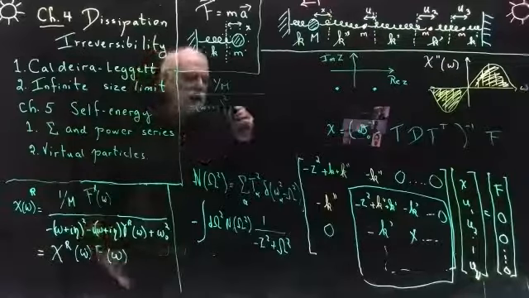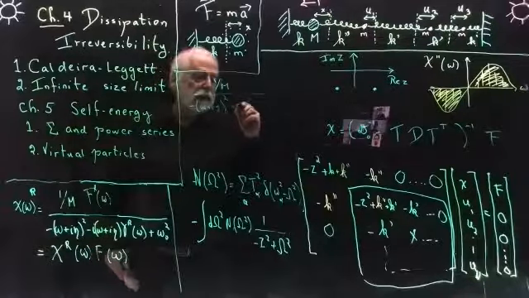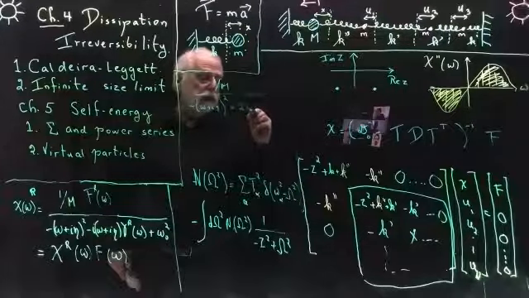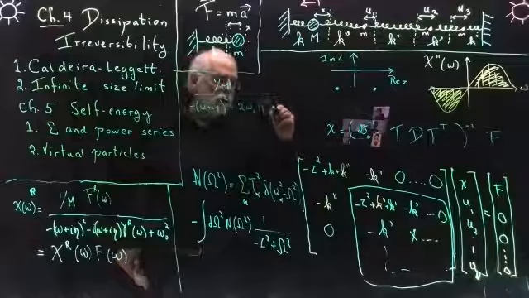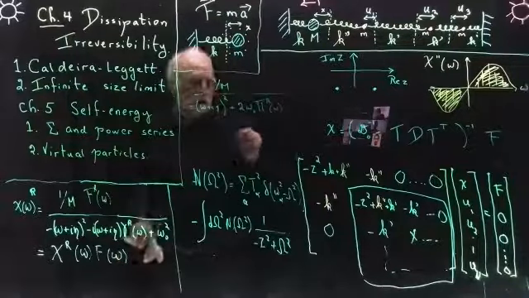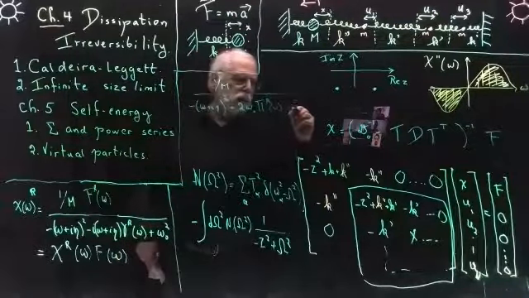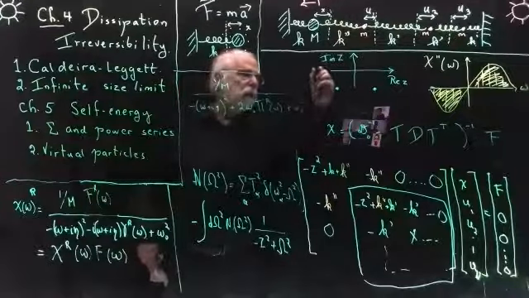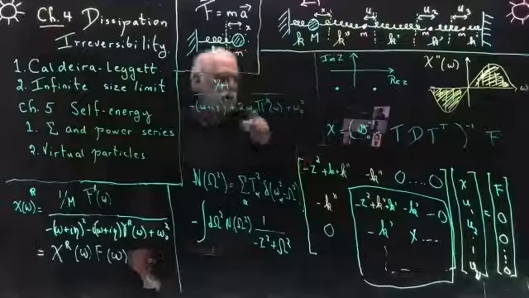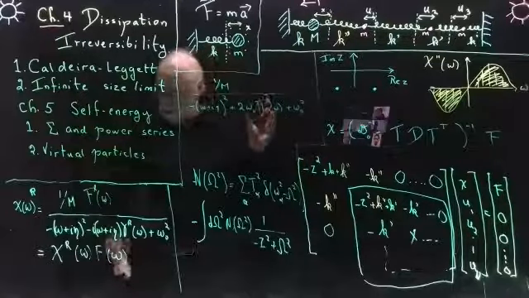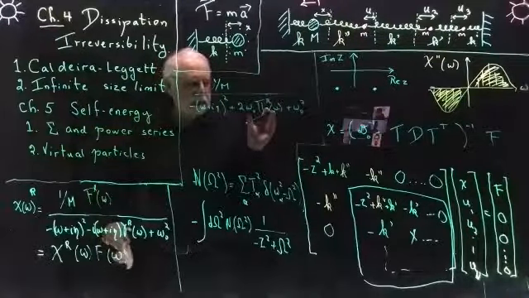And this I will write as, this is just a definition now, 2 omega 0 pi retarded of omega plus omega 0 squared. This notation comes from studying phonons, but this is just the definition.